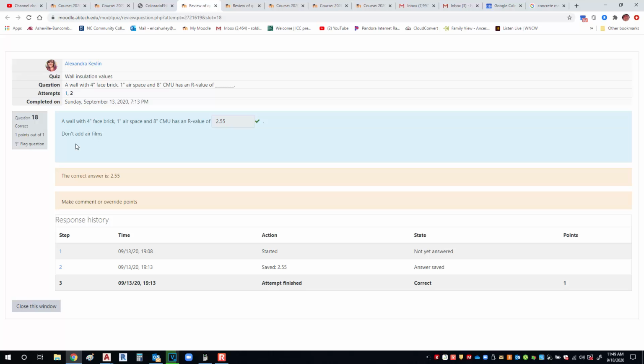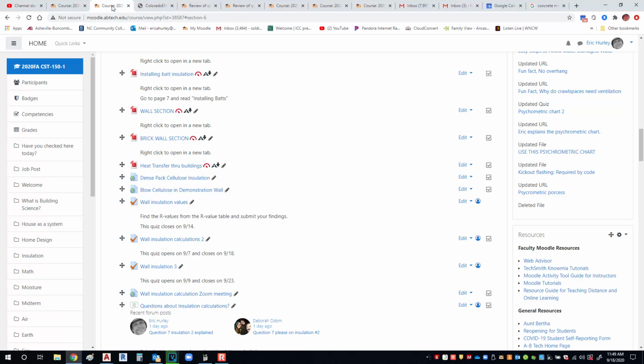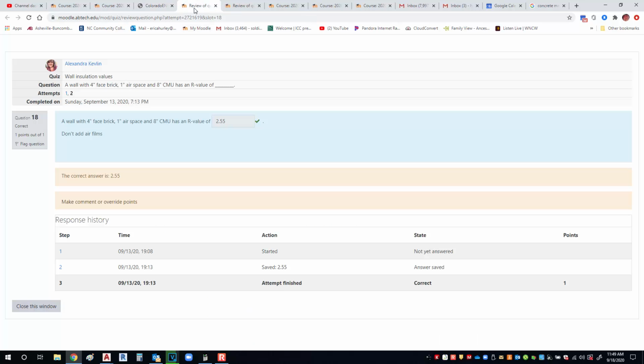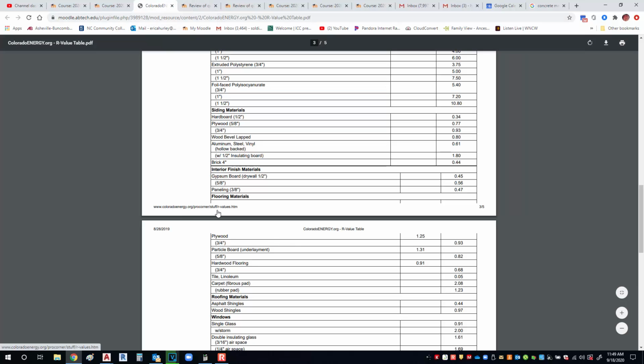All right. Number 18, a wall with a 4-inch face brick, a 1-inch airspace, and an 8-inch CMU has what R value? So let's go over here and look at our 4-inch face brick. I think we already said that was 0.44.